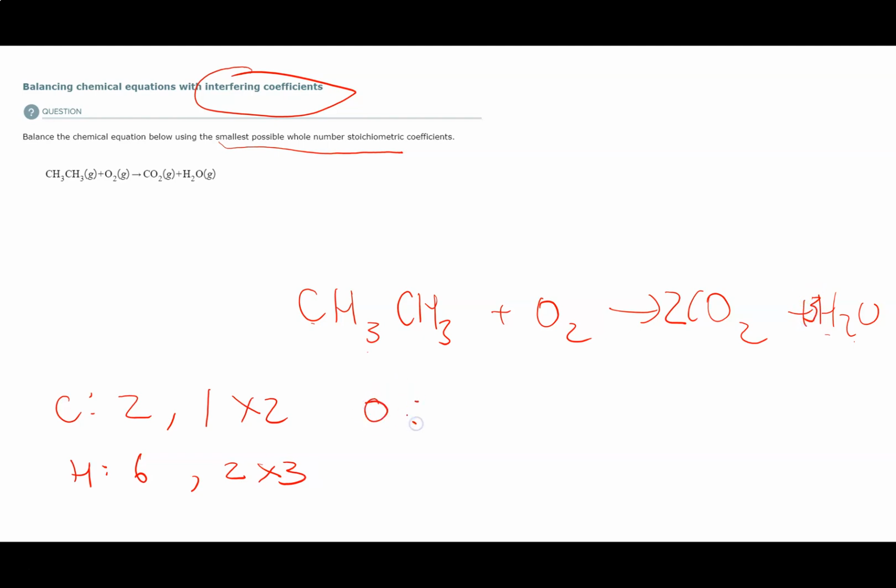And now oxygens, which is where I'm anticipating the awkwardness. So I've got 2 oxygens on the left, and then 2 times 2, that's 4, plus another 3 oxygens on the right, so that is 7. So I'm going to multiply this by 7 on 2. Okay, so that is actually balanced now.